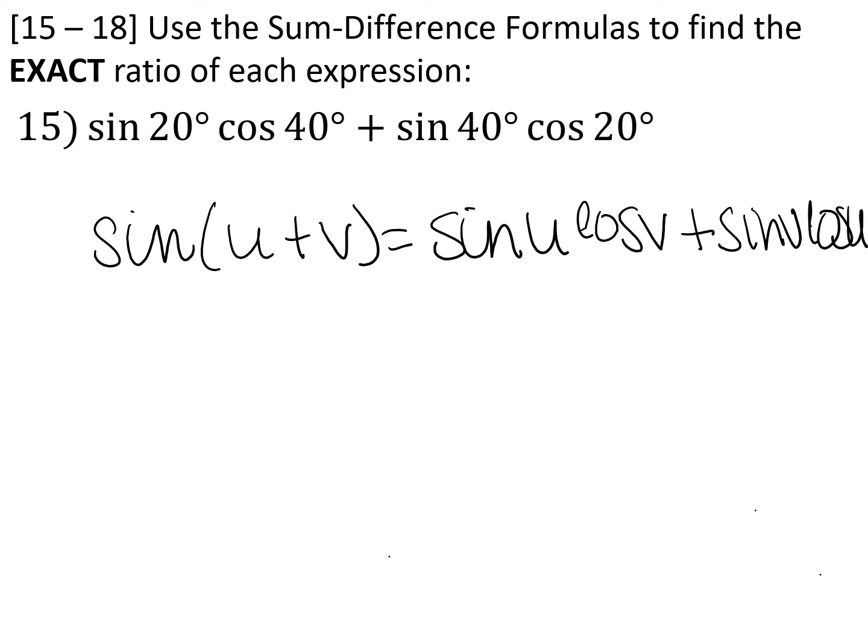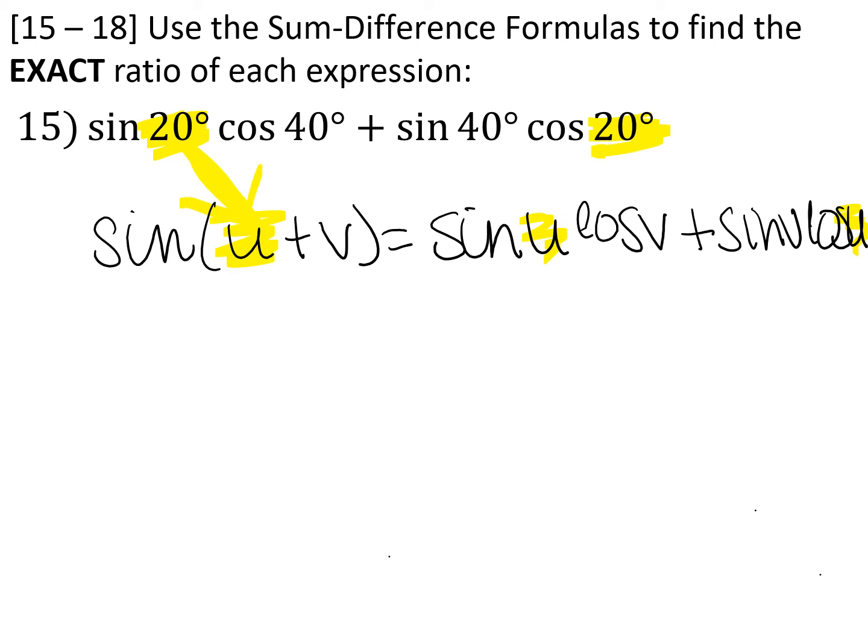This looks like a really good match because I have an angle u here that shows up here and here, and that same angle shows up there and there. So I'm going to say angle 20 is u.